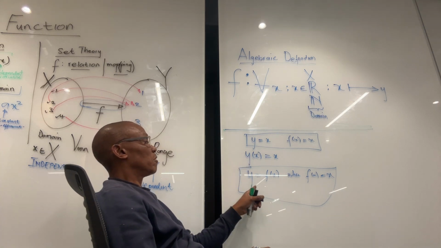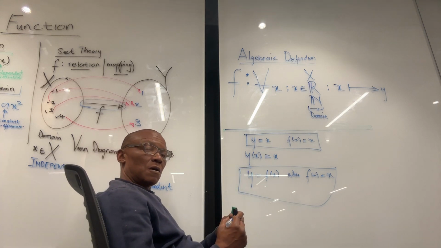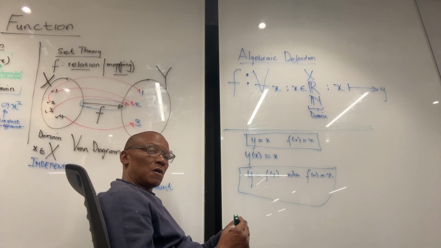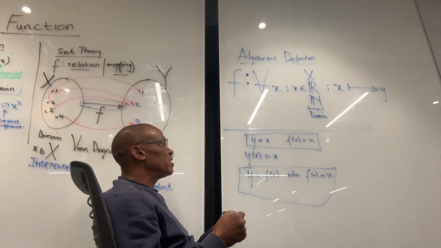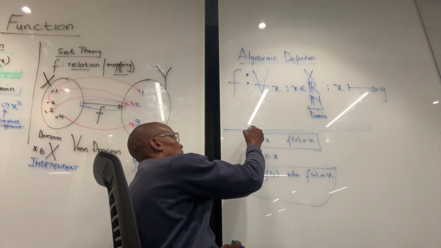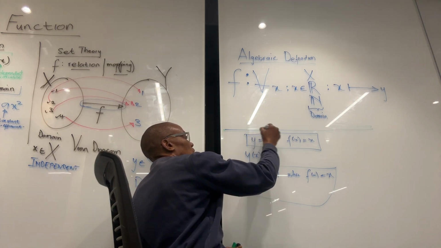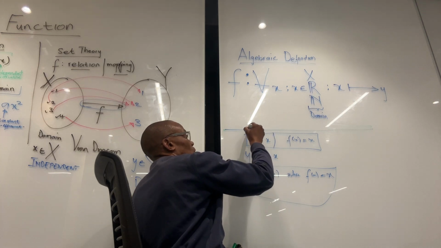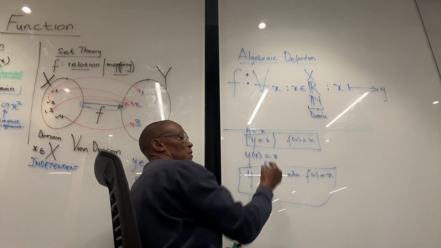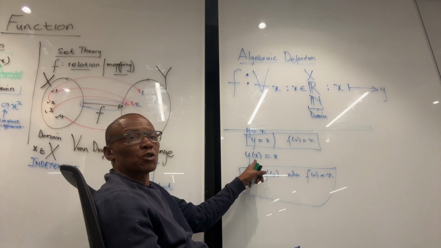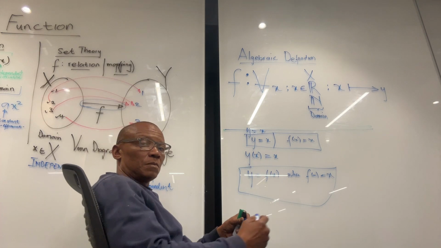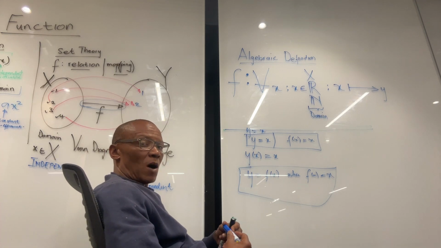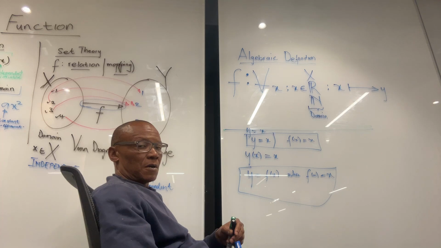This is a short form of this. Even lazier mathematicians will give it to you like this: y is equal to x. Meaning they're implying this notation. It means y is related to x.